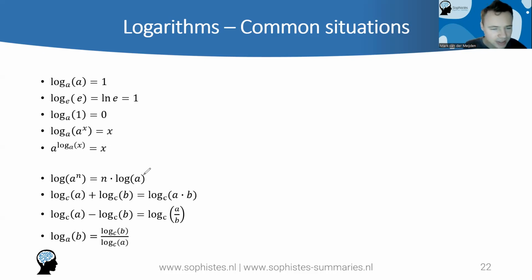Oh, I see something in the chat. For the first one, we have x because a makes 1, so 1x. Could you elaborate on that? I think I don't get the question.